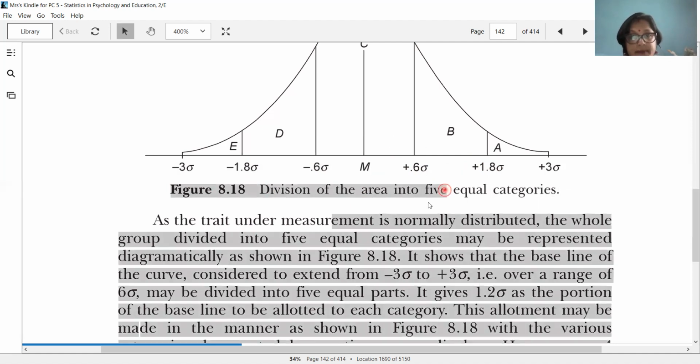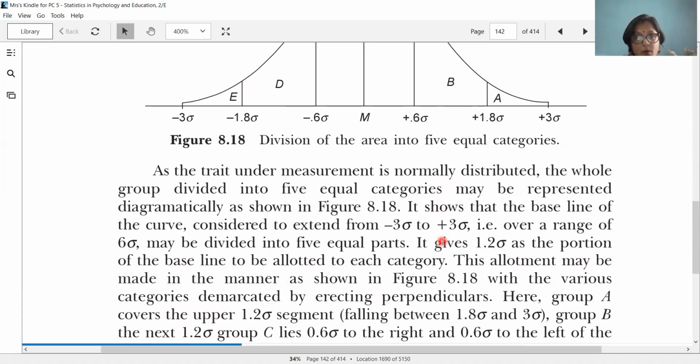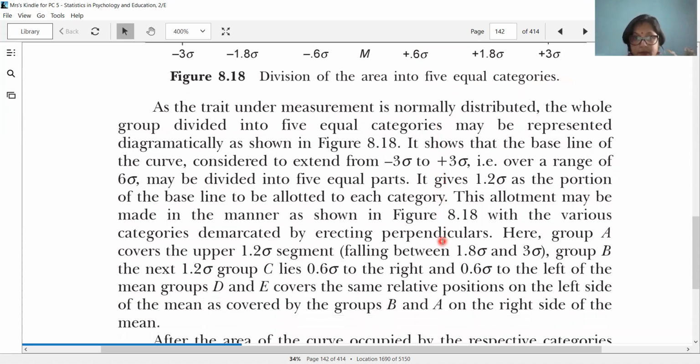But after that, what you need to do here is find out the percentage of cases or number of individuals lying in each of the categories. So it is your main work. Okay, I hope you are getting this point clear.